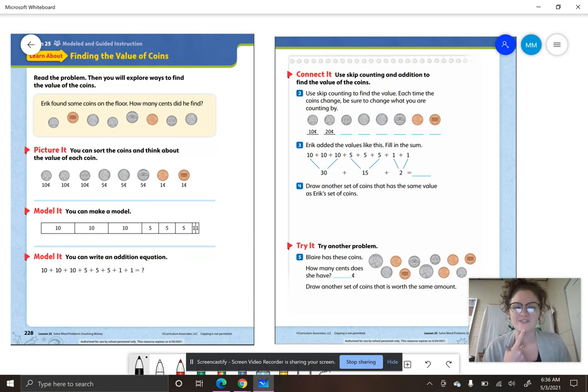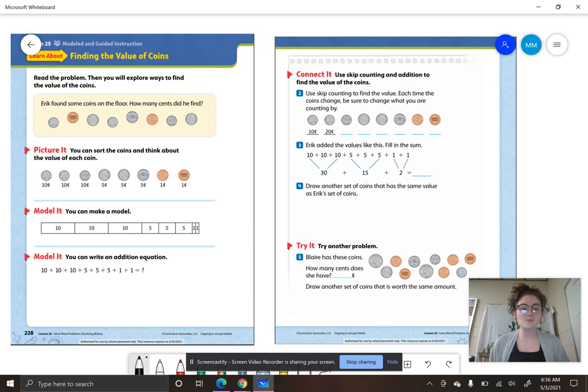What coin has a value of 10 cents, Smarties? Dimes. Okay, he found 3 coins that have a value of 5 cents. What coins have a value of 5 cents? Nickels. And he found 2 coins that have a value of 1 cent. What coin has a value of 1 cent? Pennies.